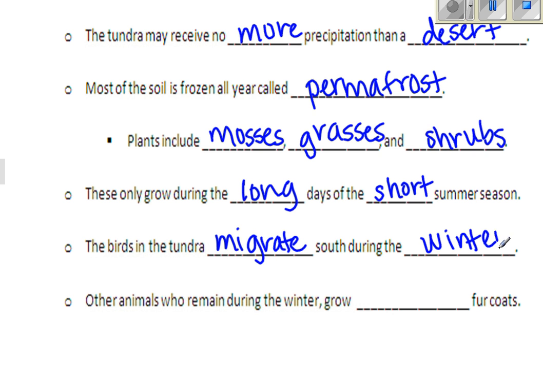And that's how they are able to behaviorally adapt so that they migrate. But other animals are able to have a behavioral adaptation and they stay there in the tundra during the winter and they grow thick fur coats.